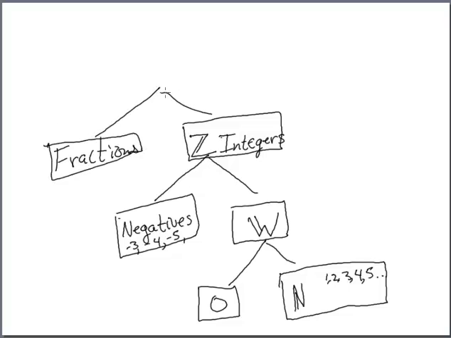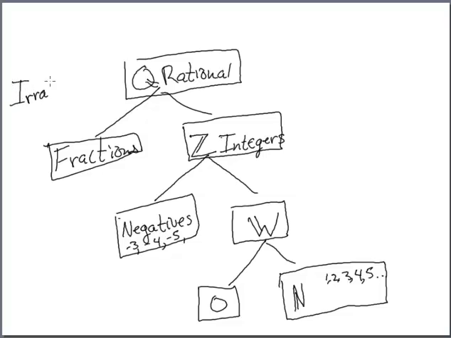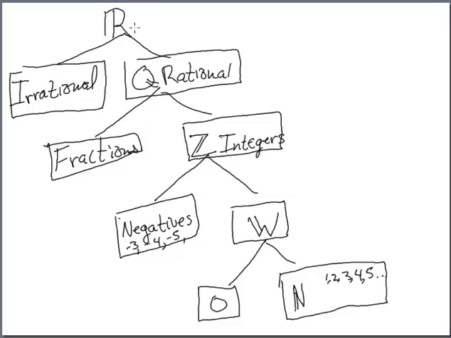And we get the rational numbers, the double-lined Q. If we take everything that is a fraction, could be written as a fraction, remember, these are decimals that stop or repeat a pattern, and put those together with the irrational numbers, then we have everything, and the double-lined R means real numbers.